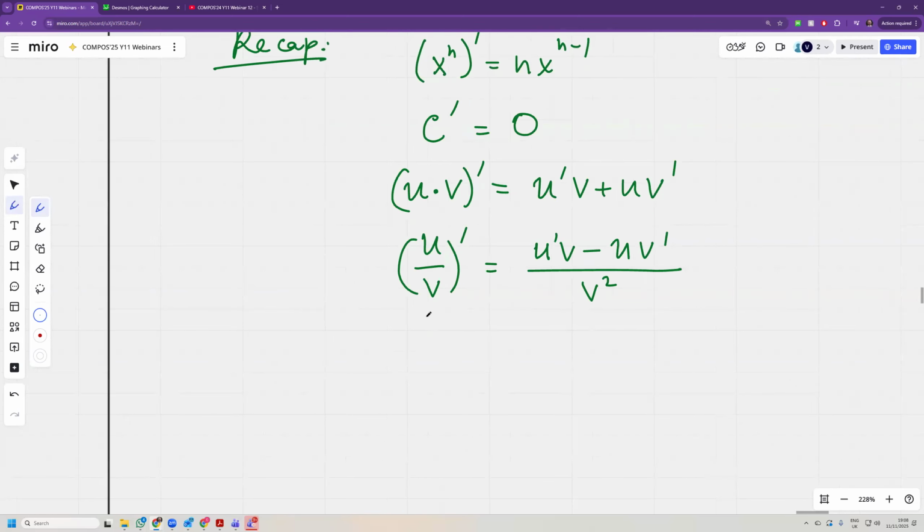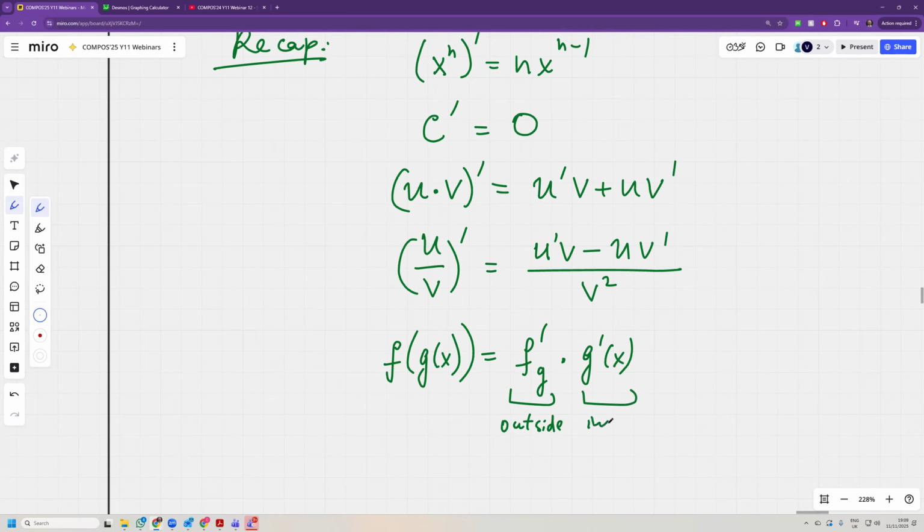And the chain rule, which is the super awkward one, is that the derivative of a compound function is the derivative of f with respect to g multiplied by the derivative of g. So this is the outside function and this is the inside function. Don't try to fully understand this notation.